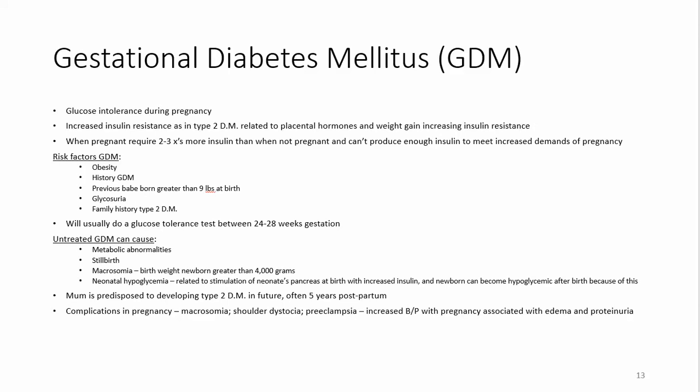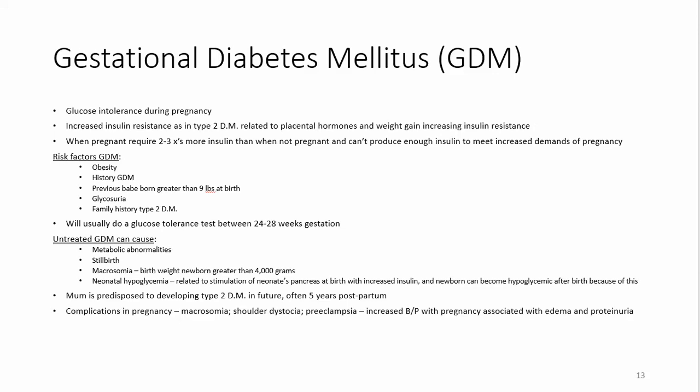So along with this macrosomia, big babies, which are very difficult for vaginal birth, you can end up with something called shoulder dystocia, which really is the baby unable to pass its shoulders through the birth canal. Once the head is engaged, the shoulders can't come, and it takes manipulation.